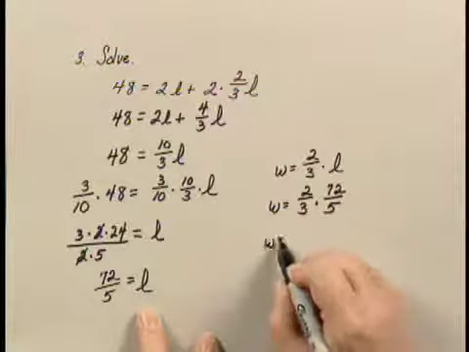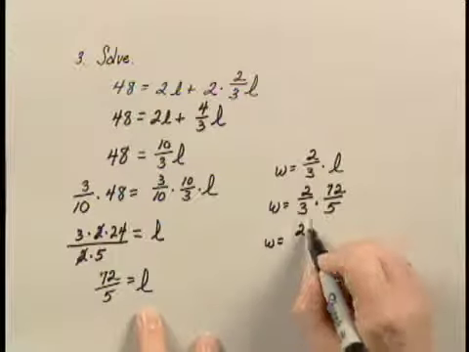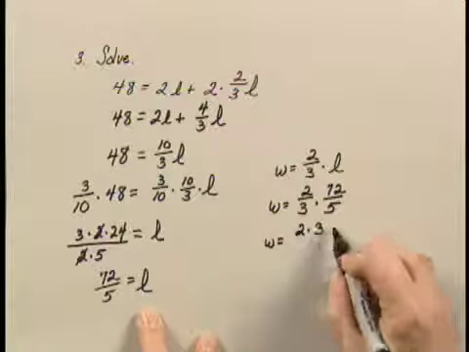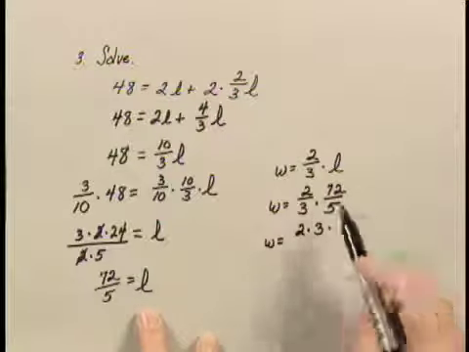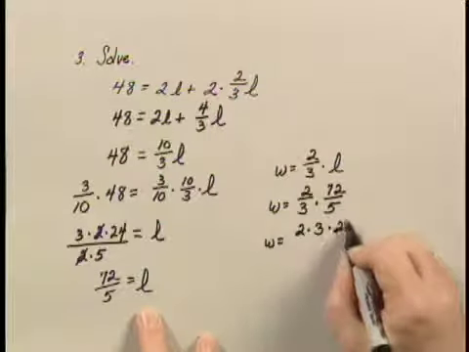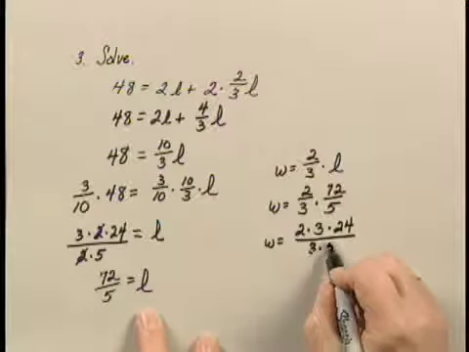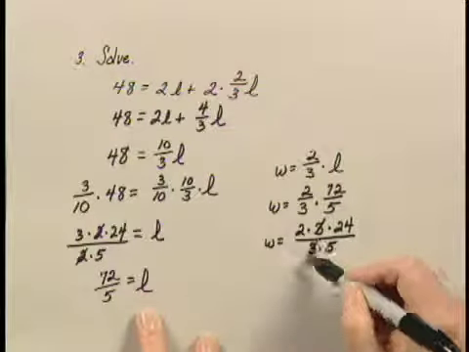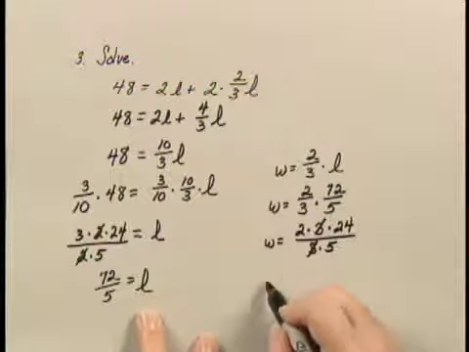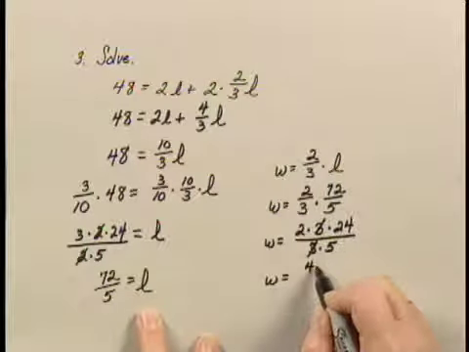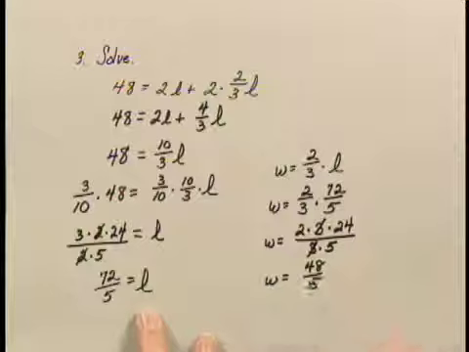So I'm going to factor this as 2 times 3, and 3 goes into 72 24 times, and then that would be 3 times 5. Those would cancel, and I have W equals 48/5.